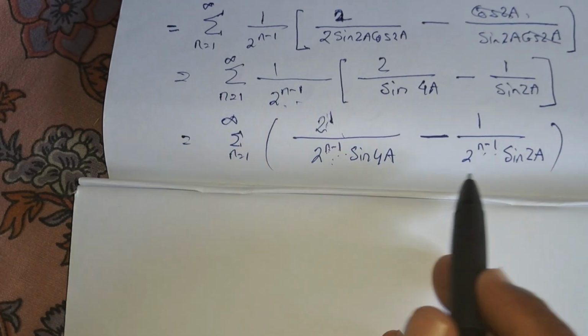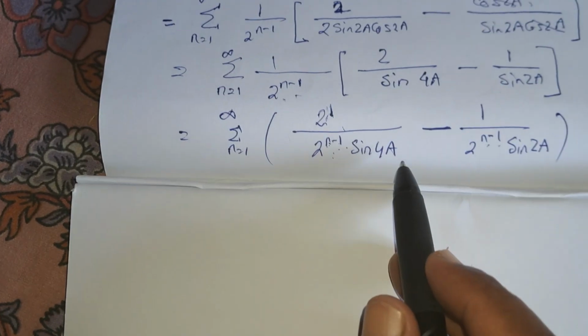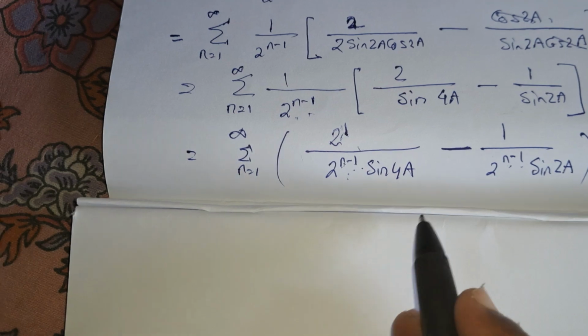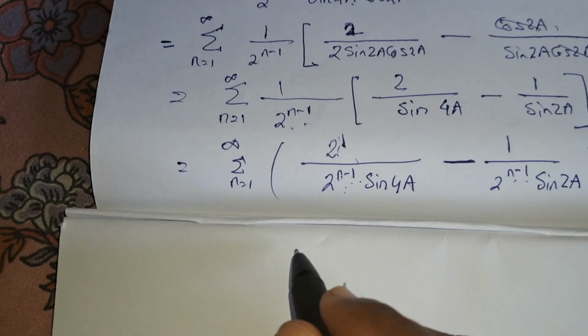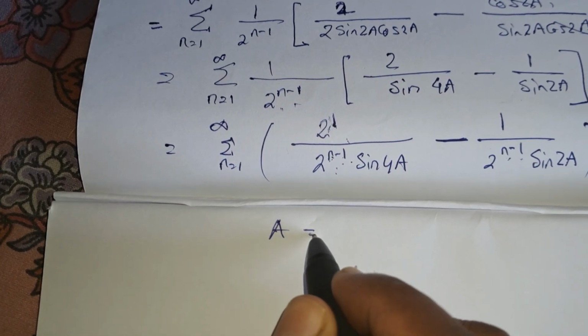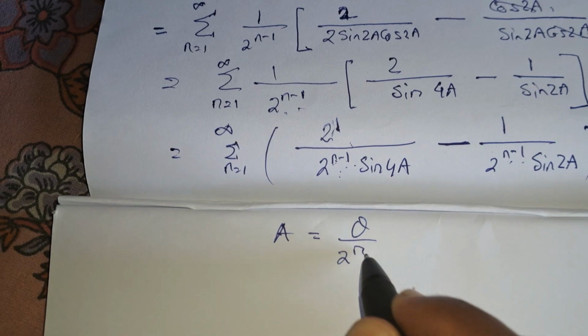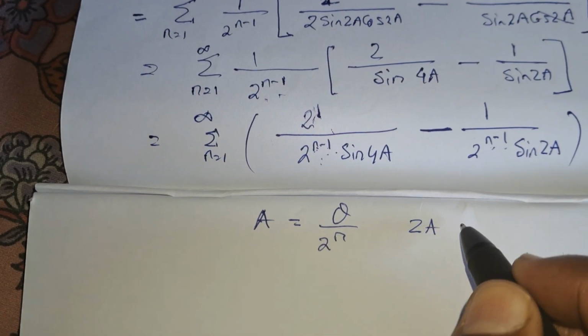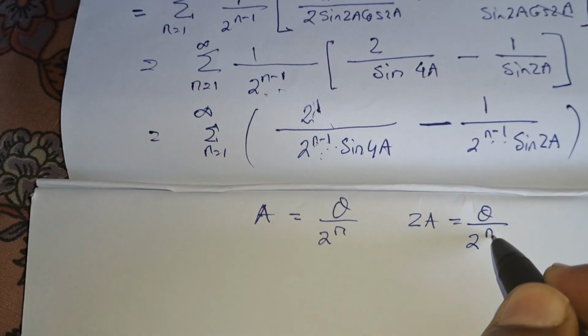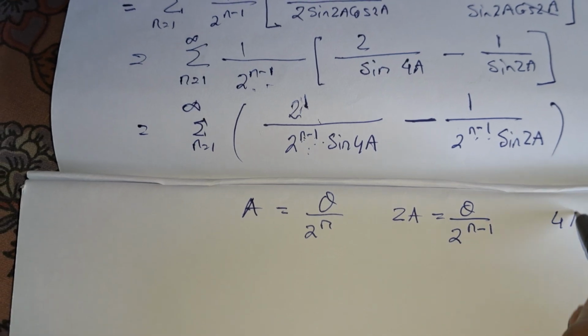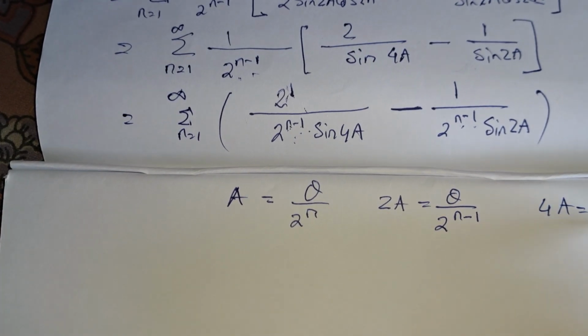Now after this step, put a. What was a? A was theta by 2 to the power n. 2a means theta by 2 to the power n minus 1. 4a means theta by 2 to the power n minus 2.